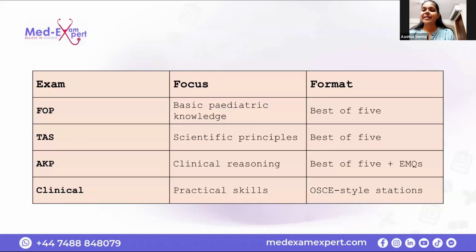EMQs are extended matching questions, which means that first of all there will be a clinical scenario, then 6 to 8 options, and then there will be 3 small questions related to that clinical scenario. And each of those 3 small questions will have one of the options given above as the correct answer. That is, among the 6 to 8 options given to you, one would be matching with each of the 3 questions, right? So that's extended matching question.